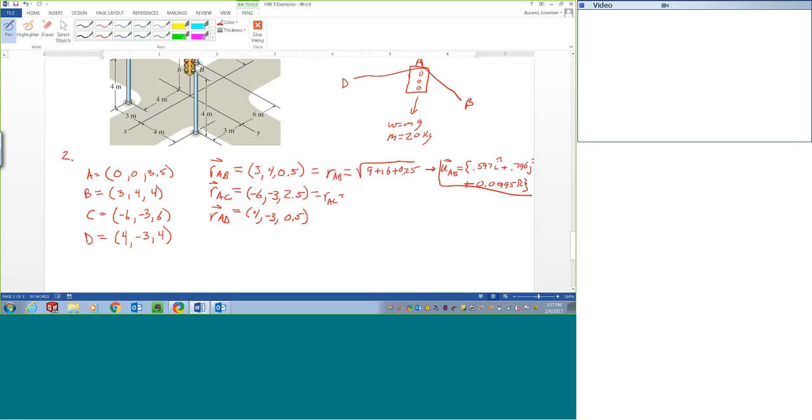RAC can equal something similar, so square root of 36 plus 9 plus 2.5 squared. What is that? It's going to be something on the order of 6 or 7, I think. Let me pull up my calculator. 2.5 squared, 6 1/4.